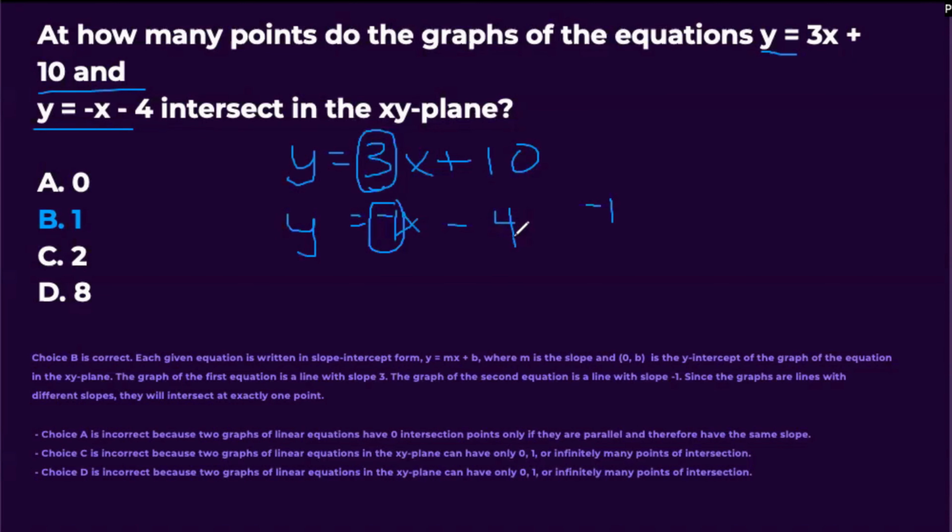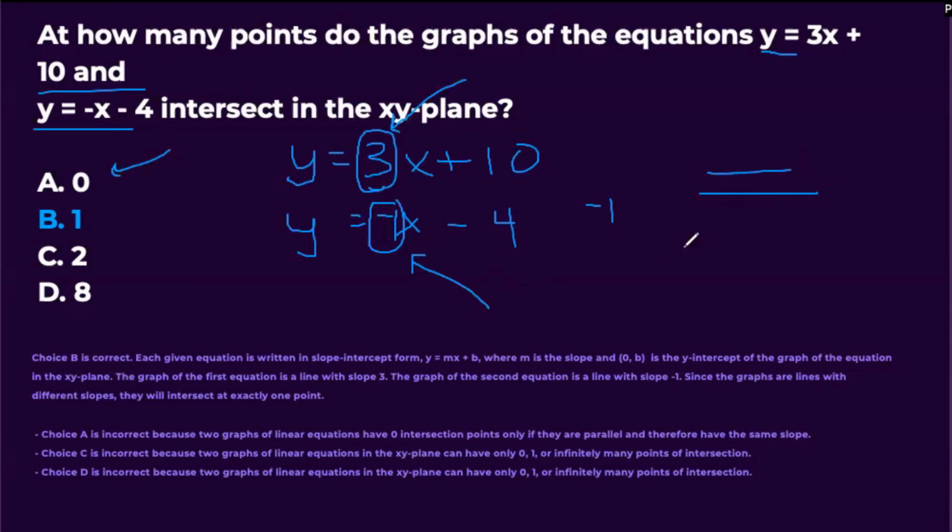This is a tricky problem. You don't actually have to do any straightforward math, because you know that if it has the exact same slope, like for example, if the value of this equation is 3 and the value of this second equation is 3, it would be parallel and would never intersect, and therefore the proper answer would be A.